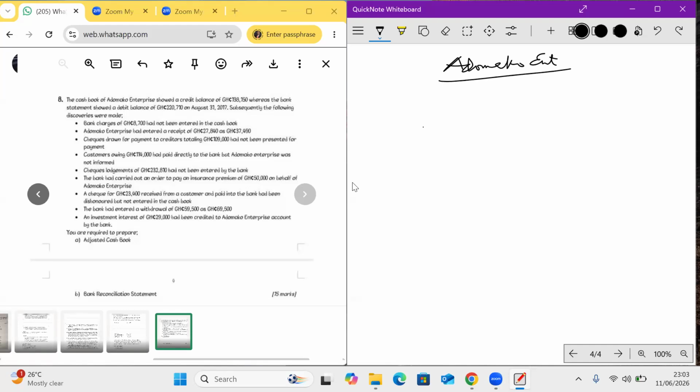You underline it and then draw your adjusted cash book. After the Adomako, where do you go to? The next, required.